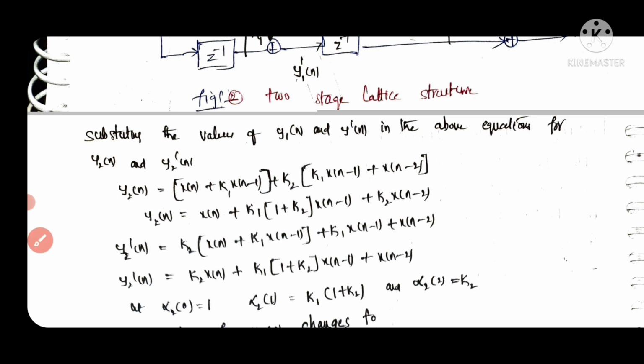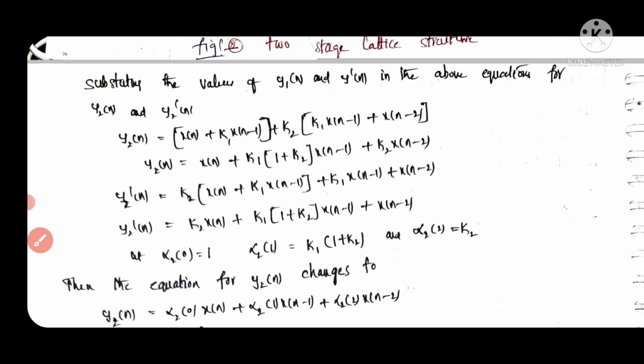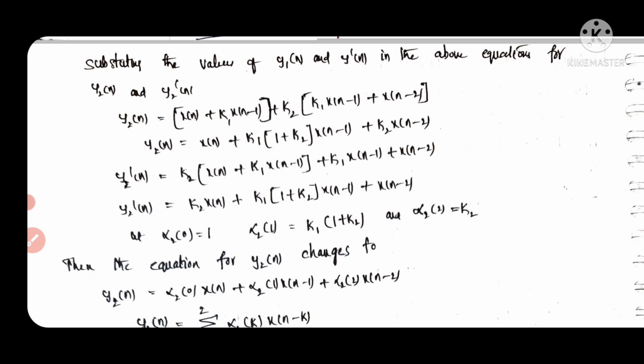Now this equation can be assumed like this: let us consider alpha 2 of 0 is equal to 1, alpha 2 of 1 is equal to k1 into 1 plus k2, alpha 2 of 2 is equal to k2. So this is the assumption for the equation. For y2 of n we can consider it like this.